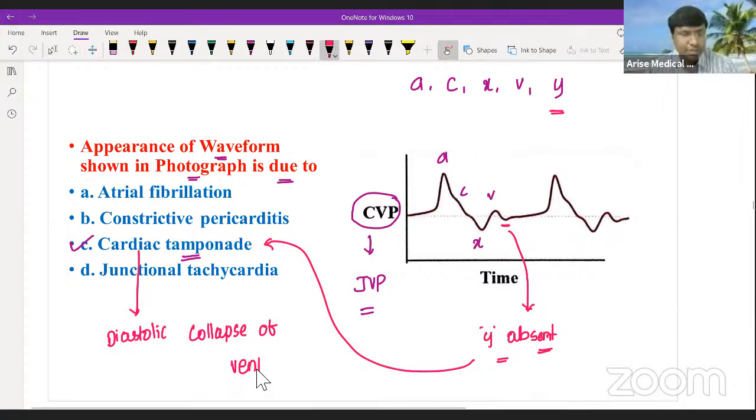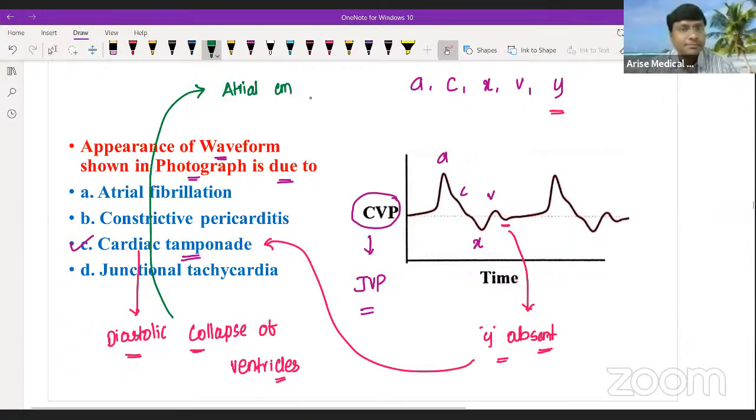Because of this diastolic collapse of the ventricles, atrial emptying does not occur.